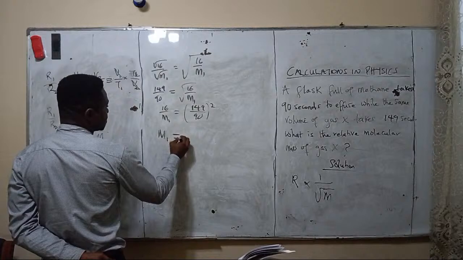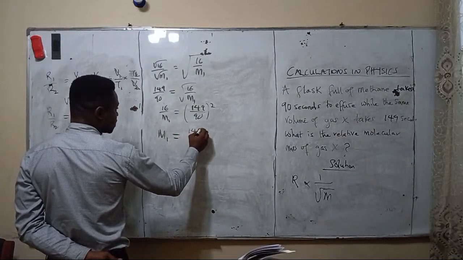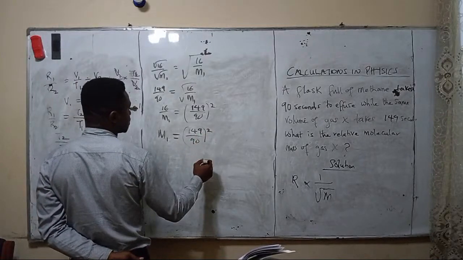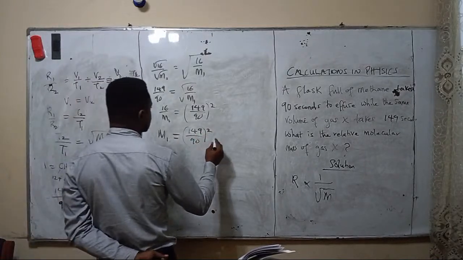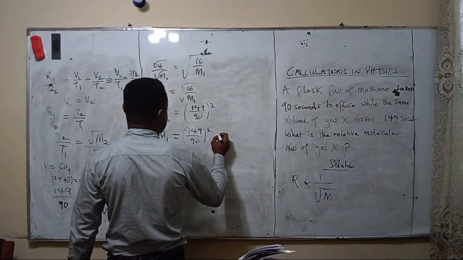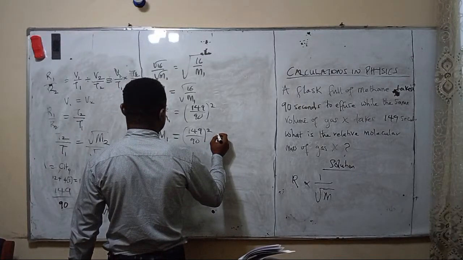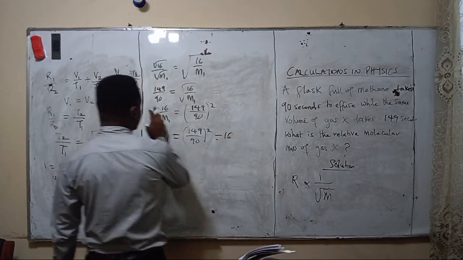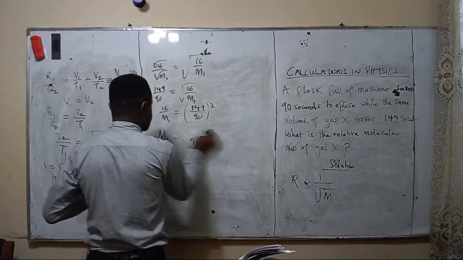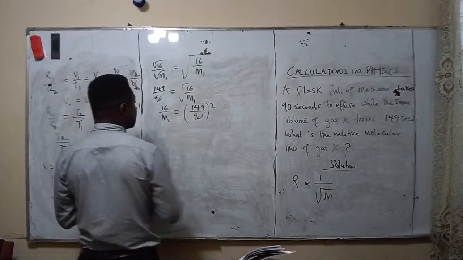So M1 is now simply 149 over 90 all squared, divided by 16. Because if you divide both sides, no, what am I doing? Let's expand this first.